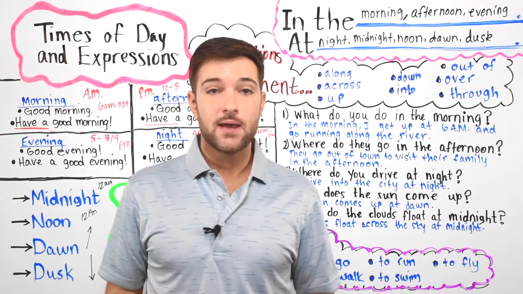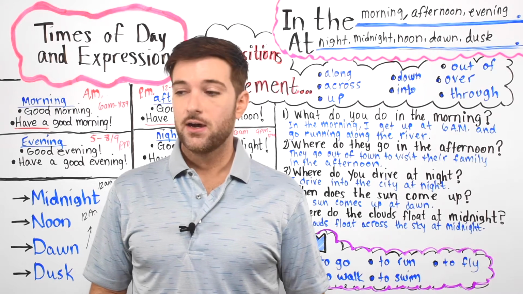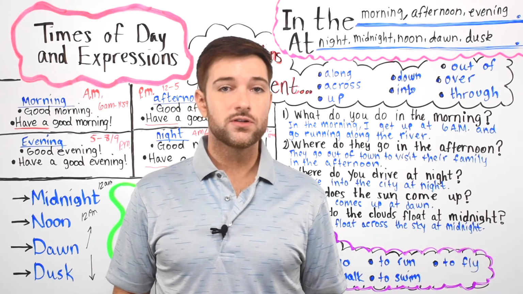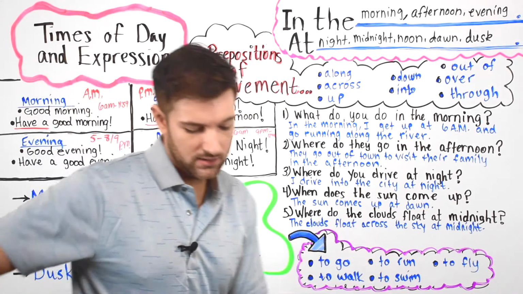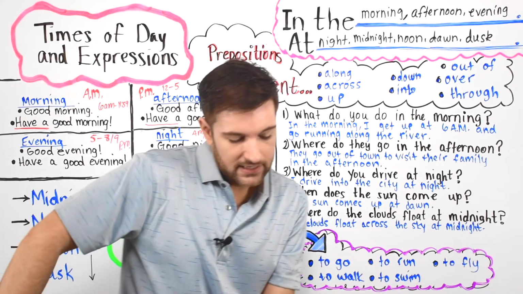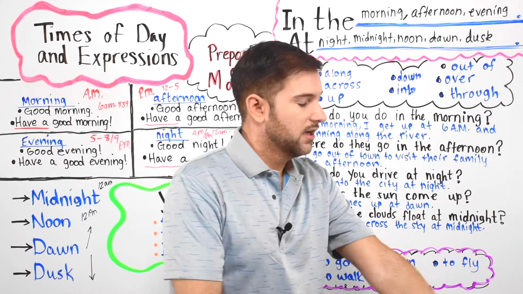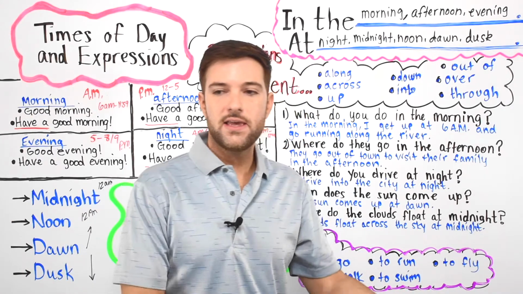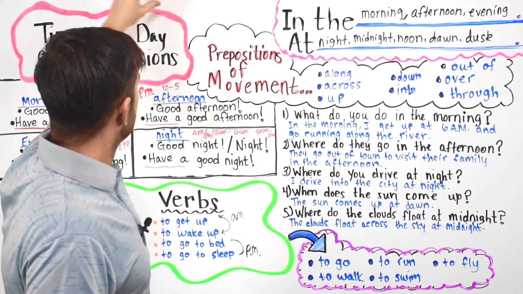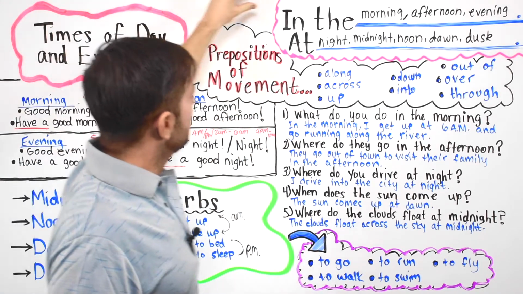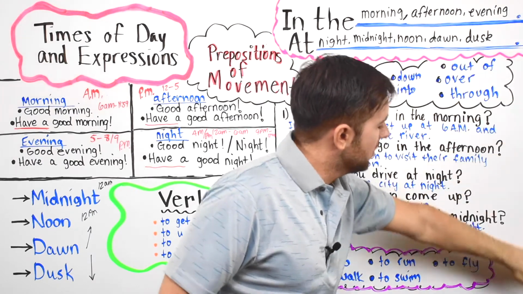Now let's go ahead and look at prepositions of movement. Prepositions of movement are words like along, which means along something. You have a line here and it's along a river or along a lake, along the beach, along the house. For example, along the whiteboard.